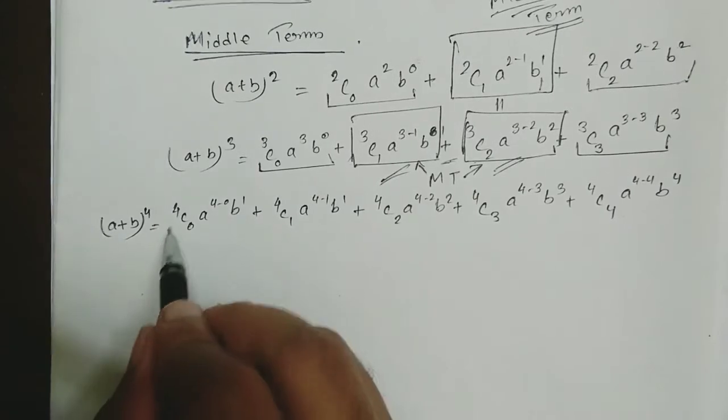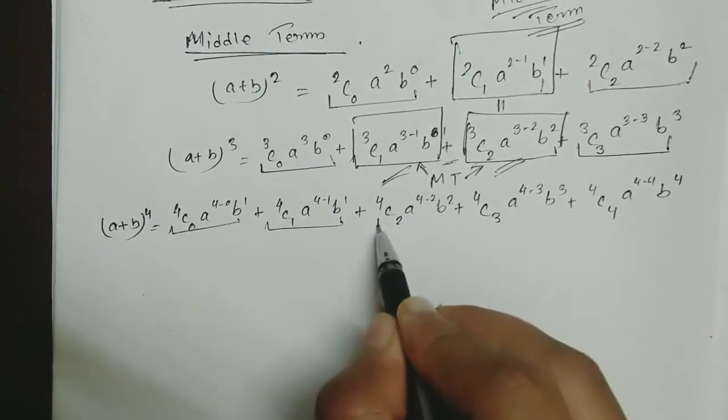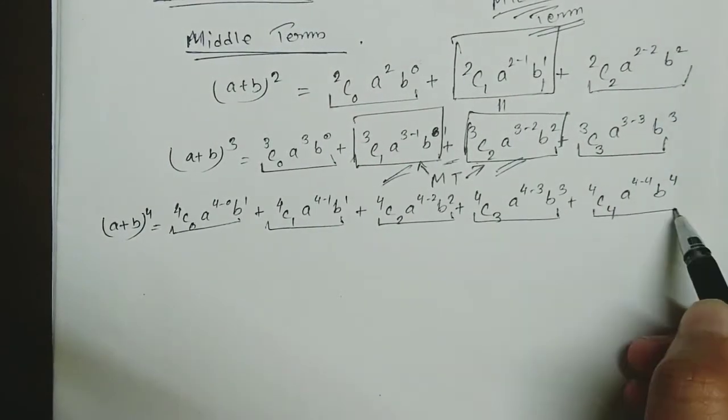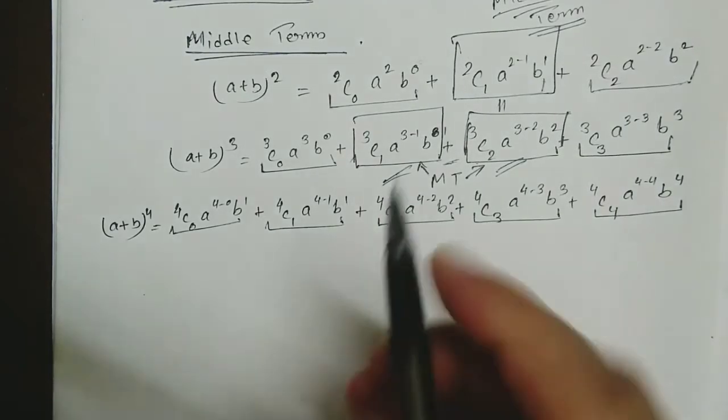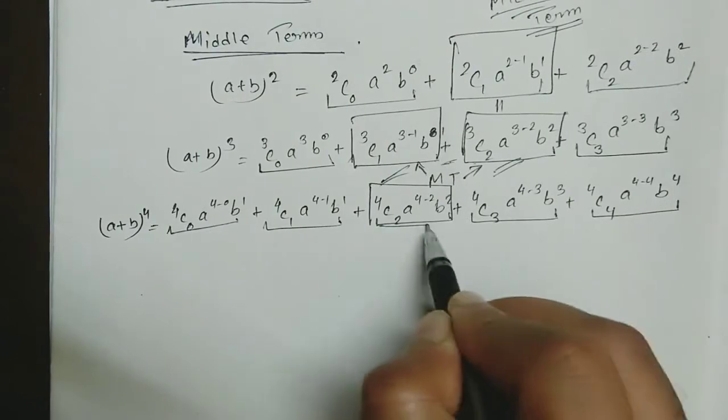Over here we can see how many terms? 1 2 3 4 5. Now among the 5 terms, which is the middle term? This is the middle term.